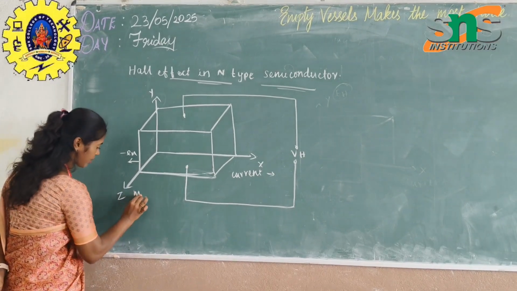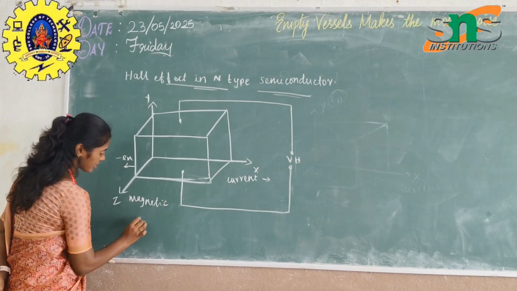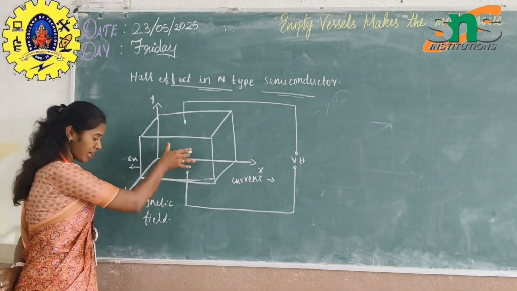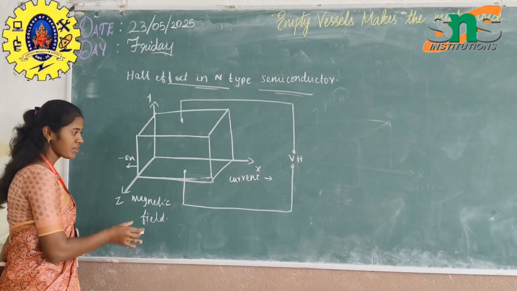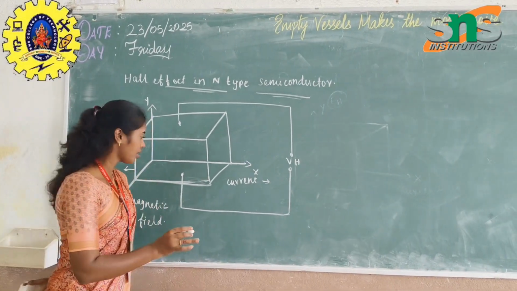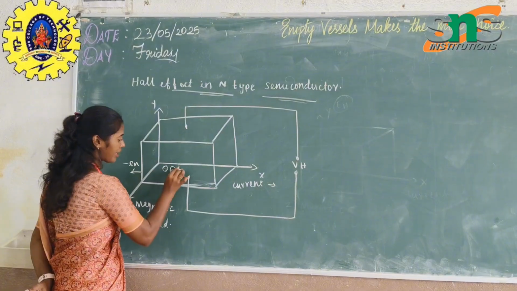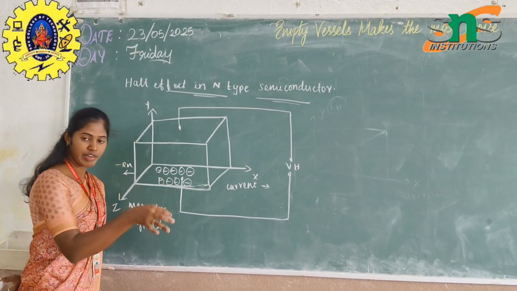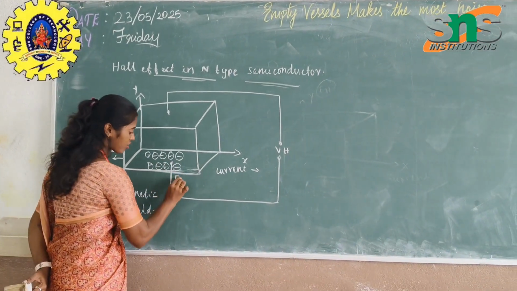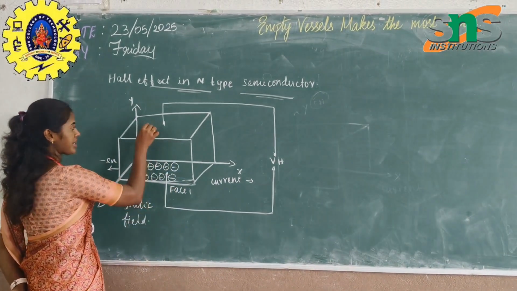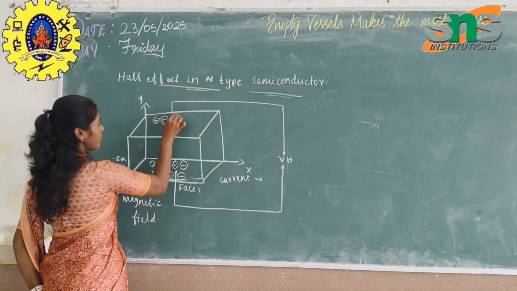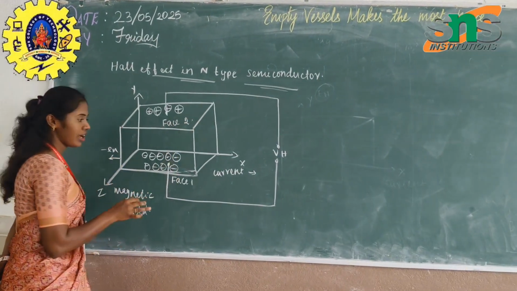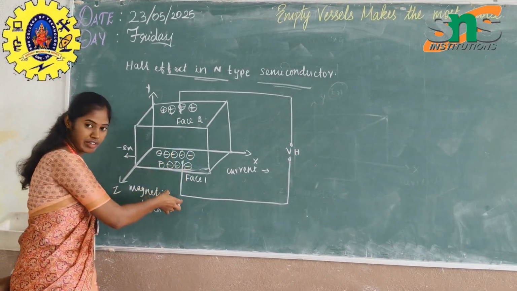Now the magnetic field is applied in the positive z direction. The current is in the positive x direction and the magnetic field is applied in the positive z direction. While applying the magnetic field, the majority charge carriers are accumulated at face 1 and the minority charge carriers are accumulated at face 2.